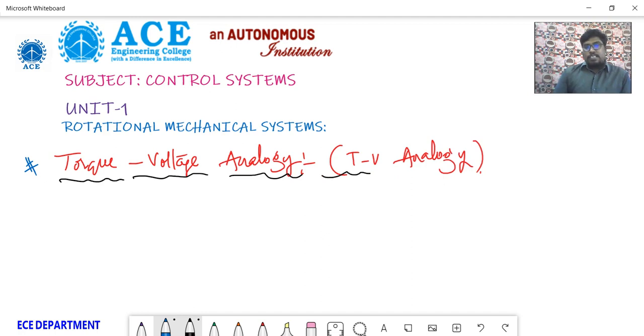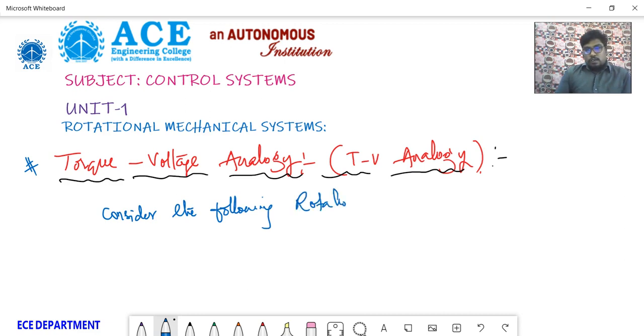In the translational mechanical system, we did the force voltage analogy and force current analogy, while converting translational systems to electrical systems. Here also we convert rotational systems to electrical systems. Now consider the following rotational mechanical system.